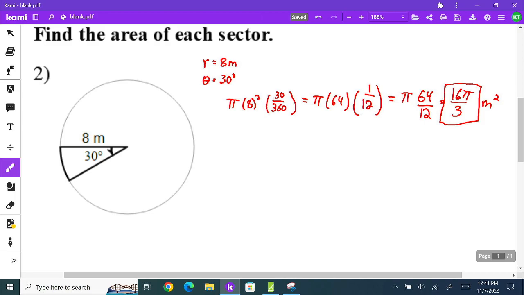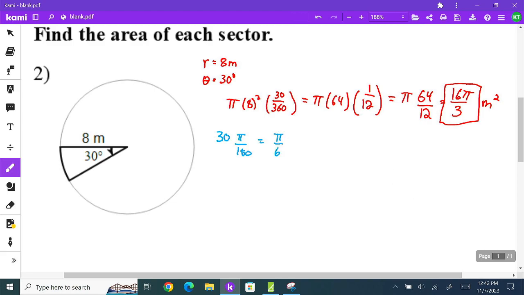Now I can also do this in radians. So let's first just convert my degrees to radians. I'll do this in blue. So I will have 30 times pi over 180, which would give me pi over 6.